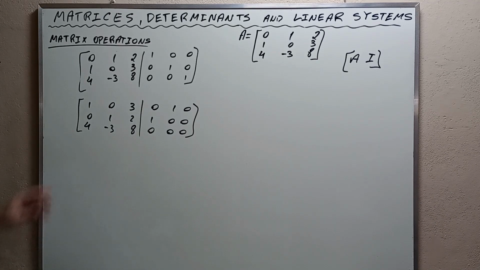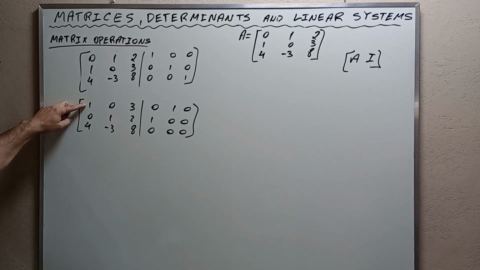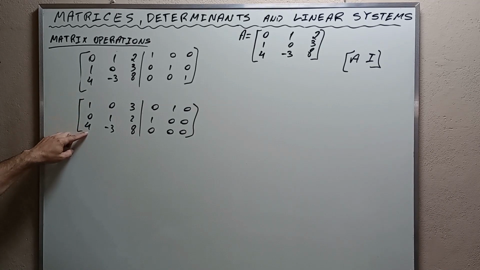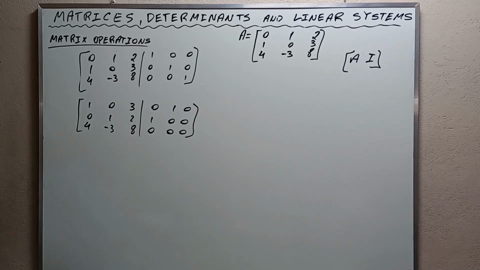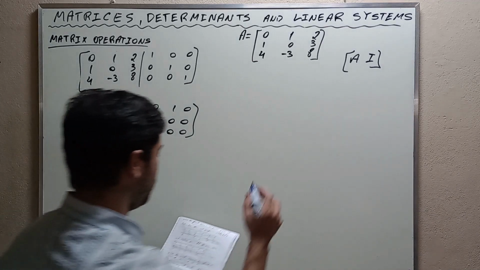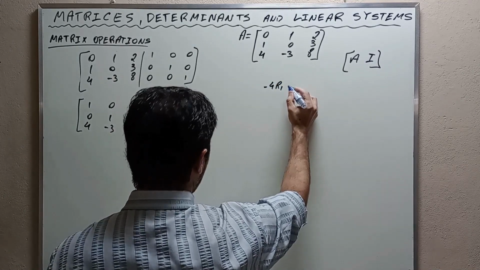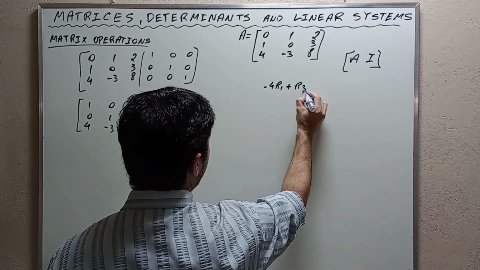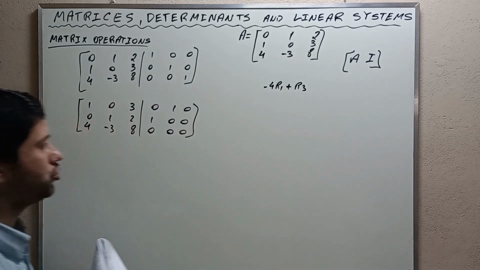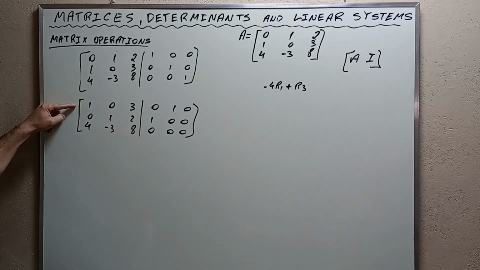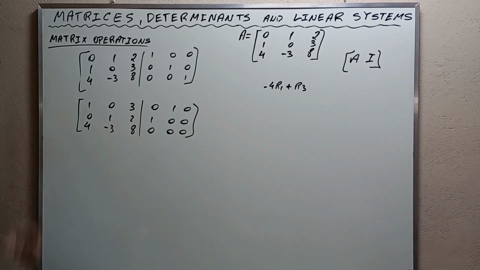Now we are going to use A11 as a pivot to put a 0 at A31. Okay? For this we operate as follows. -4 times R1 plus R3. Okay, we are going to multiply R1 by -4 and sum with row 3.